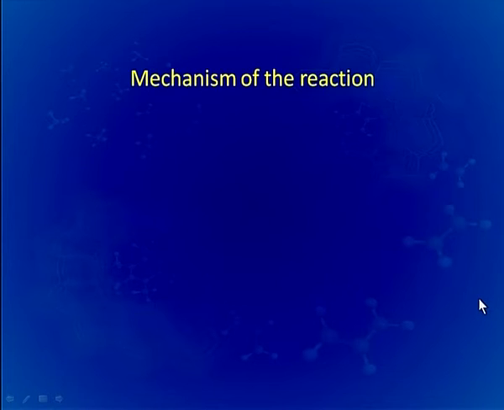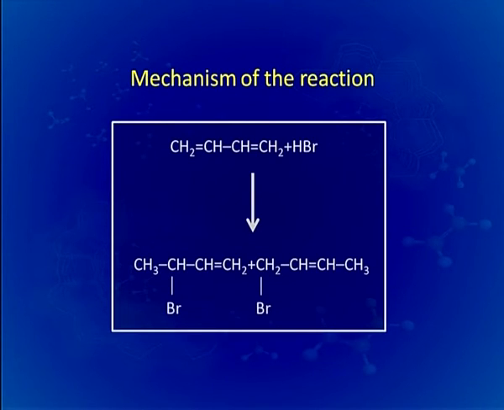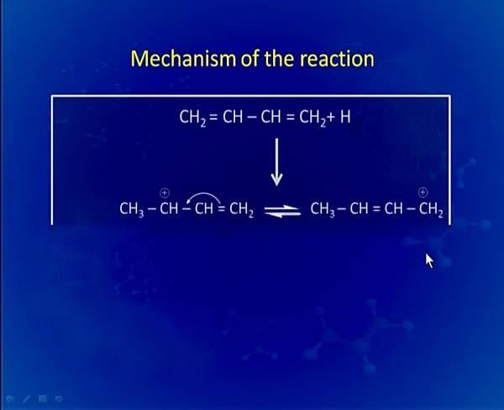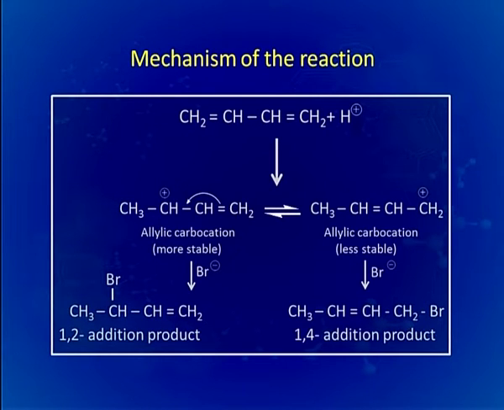To understand the formation of thermodynamic and kinetic products, we will have to understand the mechanism of the reaction in much more detail. Here we can see the formation of two types of product, 1,2 and 1,4. First of all, HBr undergoes heterolytic fission and we get H plus, the electrophile. This, being positively charged, will attack the electron rich double bond.